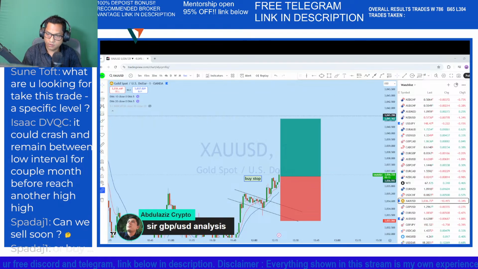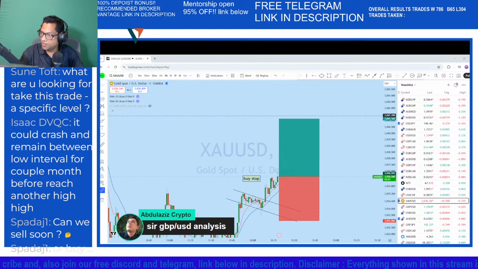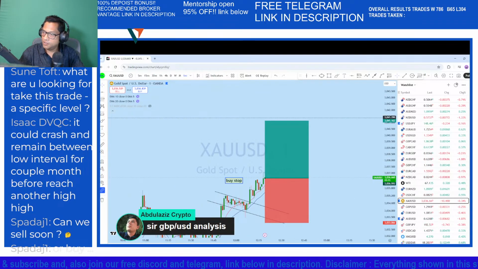The trade is active, and we can see that the market is heading in that direction. So we would like to see that it's going back up to that level, and yeah, let's wait to see some potential upside movement.